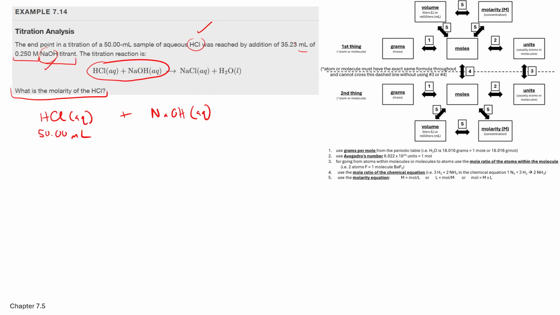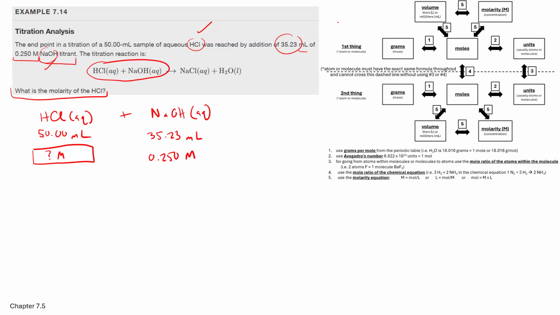Here we have 35.23 milliliters of 0.250 molar sodium hydroxide. And we don't know what the molarity is. So now this is our ask. They're looking for the molarity of the hydrochloric acid.